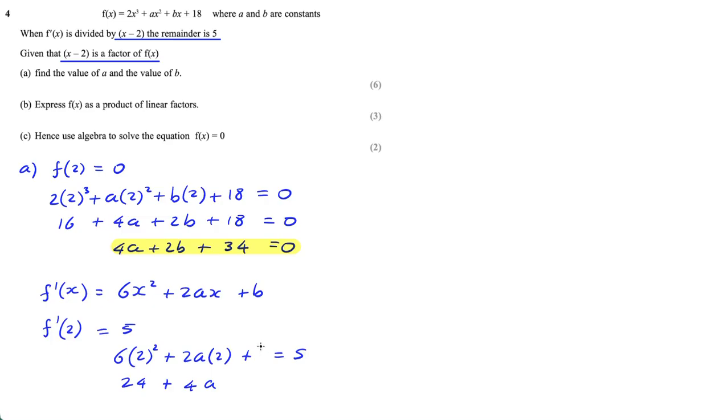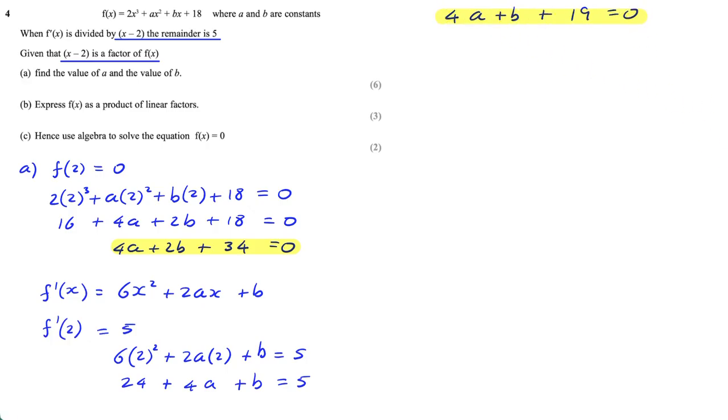It's a b. Sorry, plus b. 4a plus b equals 5. Now, I'll just write it up here. This is 4a plus b, and then we'll subtract the 5, plus 19 equals 0. That is our second equation.